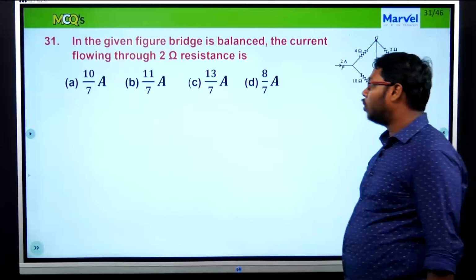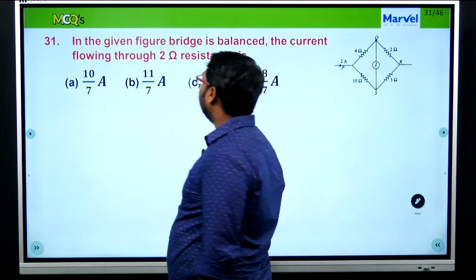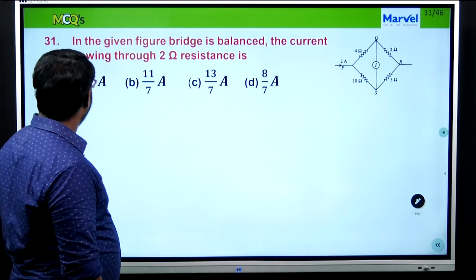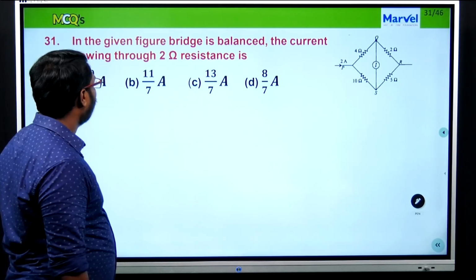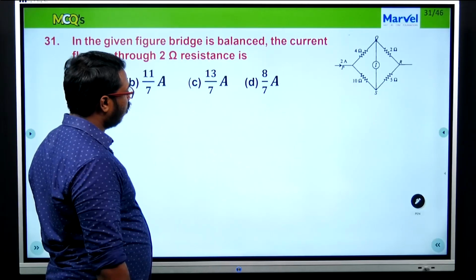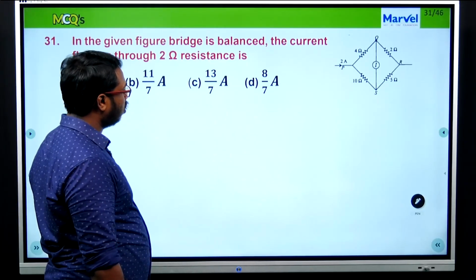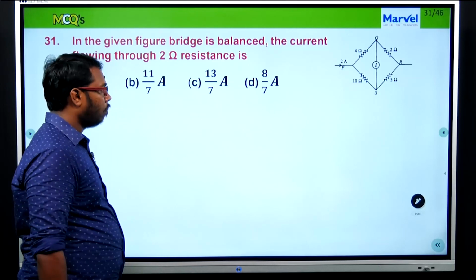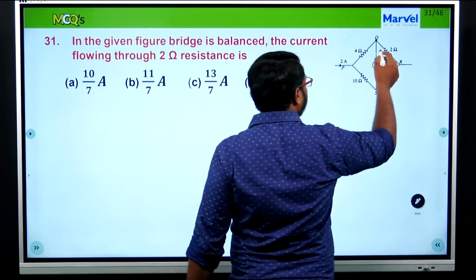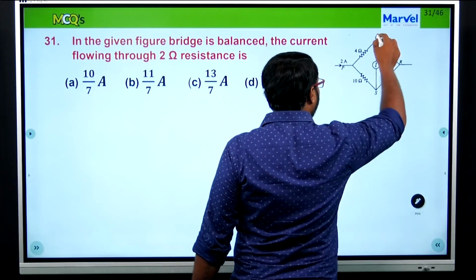You see, it's a Wheatstone's bridge. In a given figure, the bridge is balanced. Okay, good. The current flowing through the 2 ohm resistance is what you have to find. Since the bridge is balanced, I understand that no current is going to flow through this.